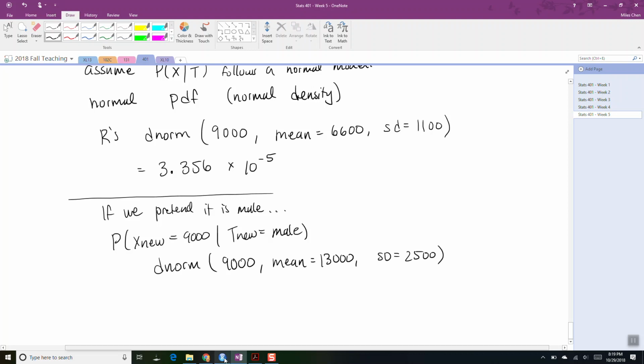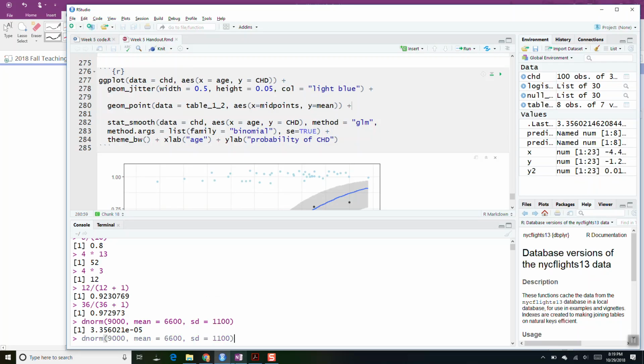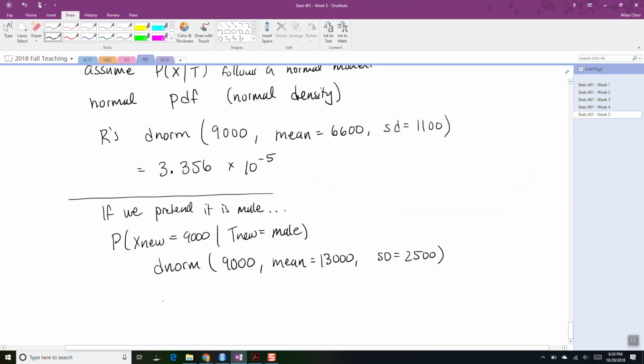Okay, so I'll go to R and I'll ask for this. 9,000, mean is 13,000, standard deviation is 2,500. Okay, and I get 4.437 times 10 to the minus 5. Okay.